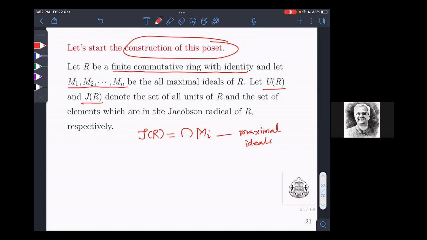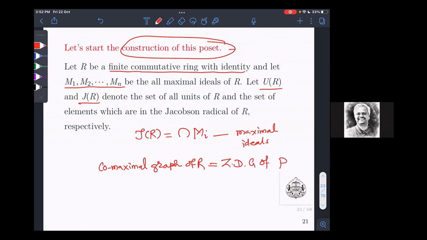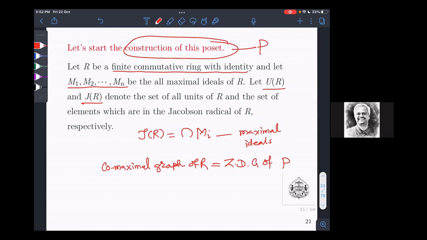Not only that, just not to construct the poset, but to construct the poset in such a way that the co-maximal graph of R is the same as ZD, where ZD stands for the zero divisor graph of that poset P. Let us call this my poset P. So what I am doing now, from a ring structure, I'm constructing a poset structure.